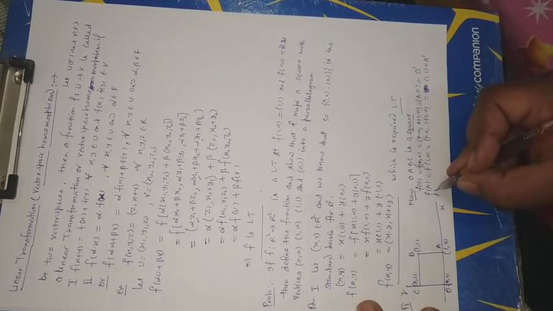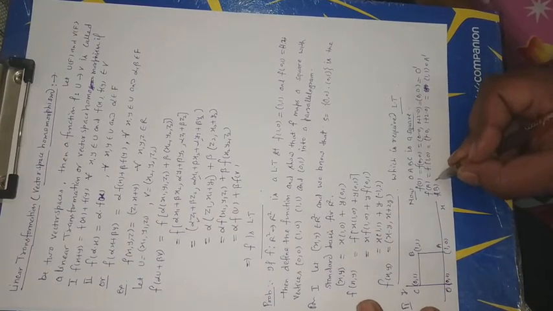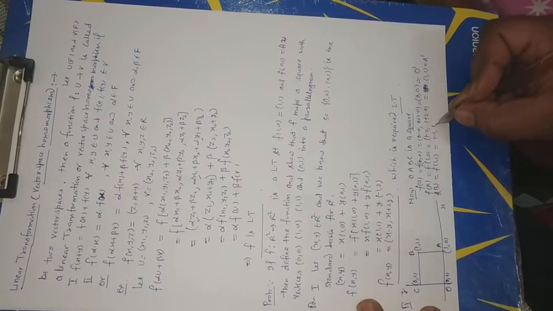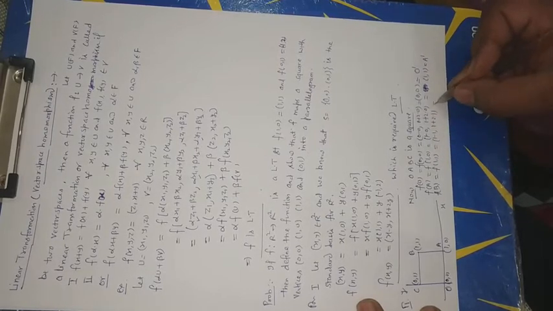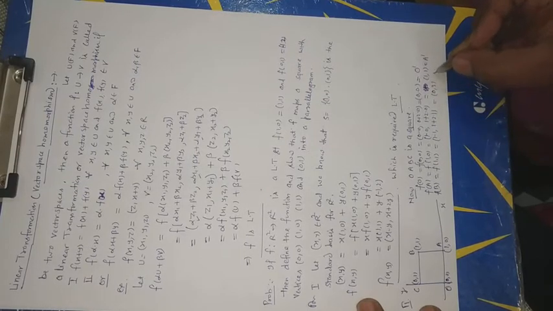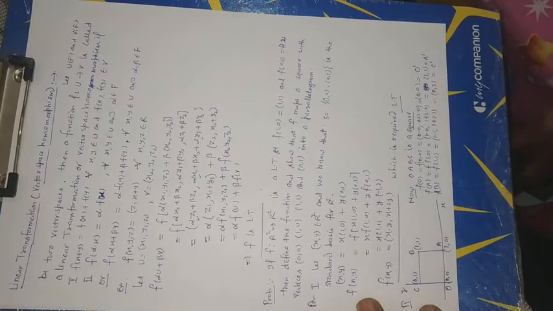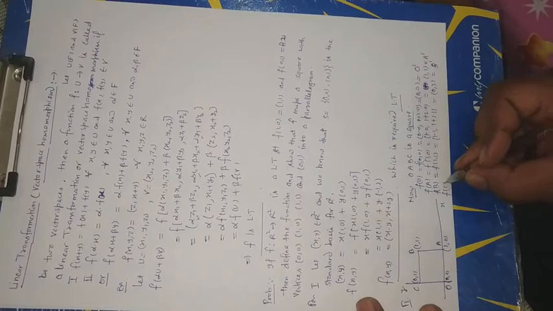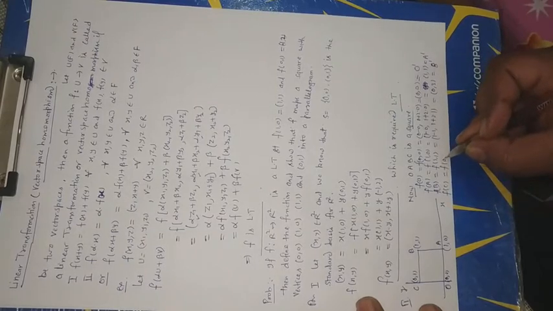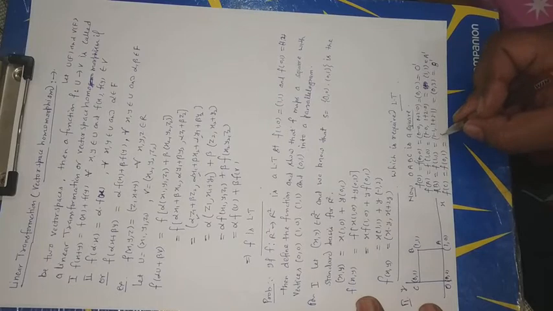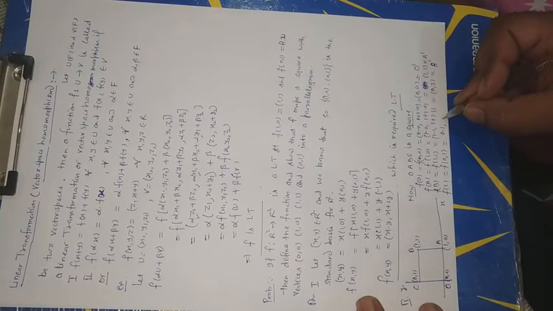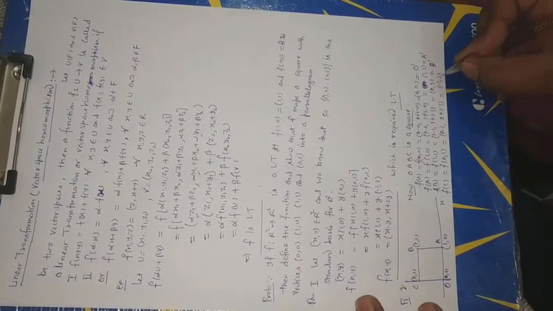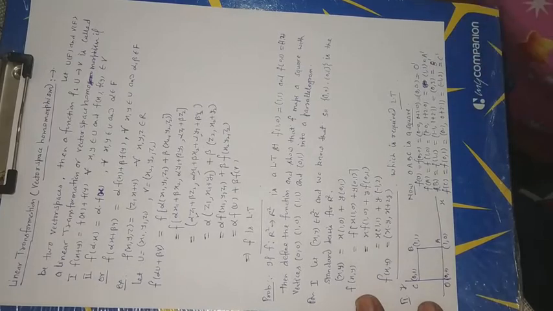Now f(B), that is f(1, 1), is equal to (1 minus 1, 1 plus 2 times 1), which is (0, 3), can be written as B dash. Now f(C) is equal to f(0, 1), equal to (0 minus 1, 0 plus 2 times 1), which is (minus 1, 2), denoted by C dash.